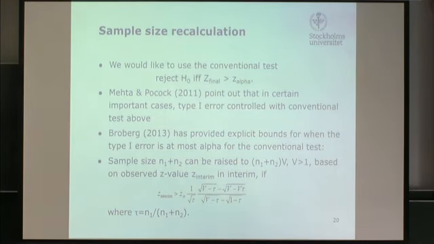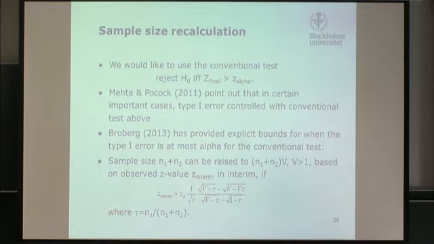So we would like, if it's possible without losing too much, to use the conventional test in the end. But we have seen we have some hidden or open sample size recalculation in the design.